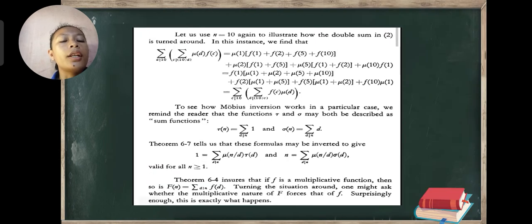Let us use n = 10 again to illustrate how the double sum in equation 2 is turned around.